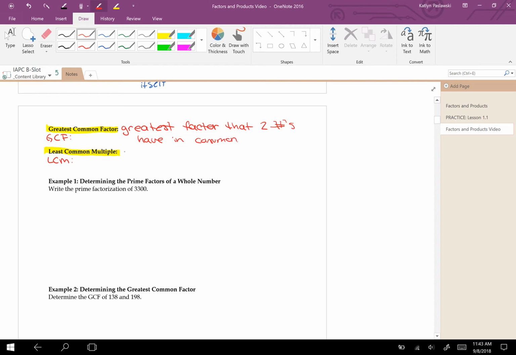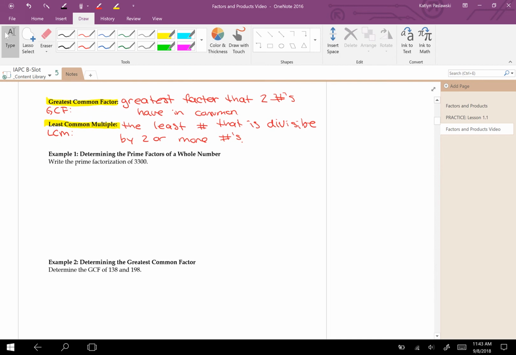Now, least common multiple, we have the least number that is divisible by 2 or more numbers.